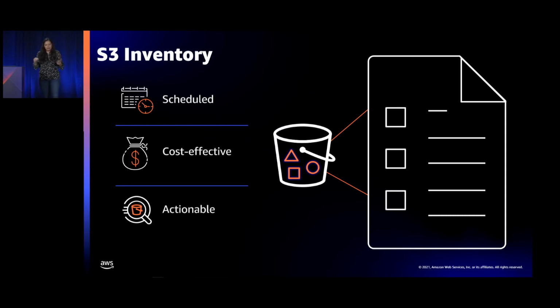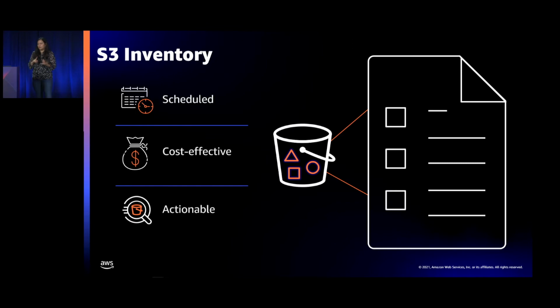Amazon S3 inventory is a great way to audit millions or even billions of objects in a bucket. With inventory, you can configure multiple inventory lists for a bucket. You can also configure what object metadata you need for your bucket.